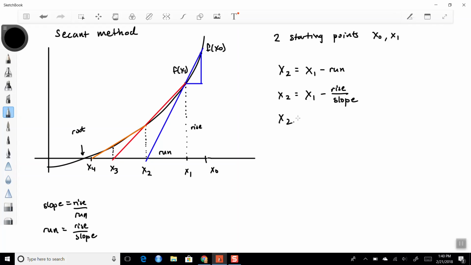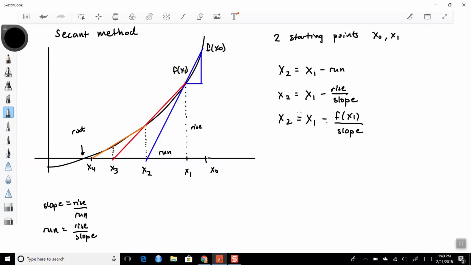So x2 is going to be x1 minus rise divided by slope. My rise here is f of x1, and then I have this slope term, okay? Where is the slope coming from? The slope is coming from this triangle right here, yeah?